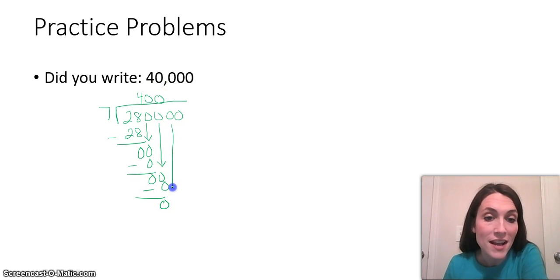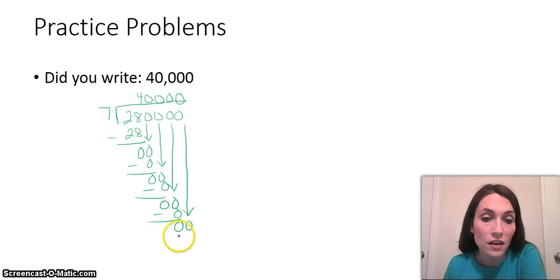Going to subtract and bring down. 7 times 0 is 0. Going to subtract and bring down. And I'm doing all this because I want to make sure that I end up with the correct answer here and I don't have too few or too many zeros.